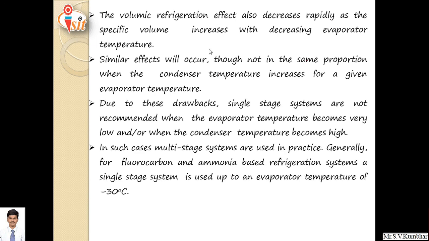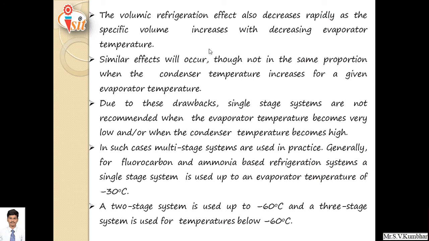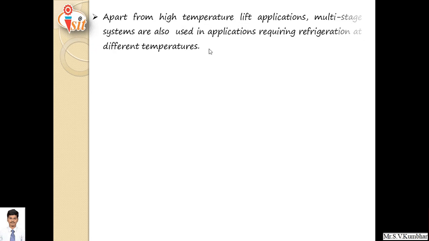So in such cases, multi-stage systems are used in practice, generally for fluorocarbon and ammonia-based refrigeration systems. A single-stage system is used down to an evaporative temperature of minus 30 degrees centigrade only, a two-stage system is used up to minus 60 degrees centigrade, and a three-stage system is used below minus 60 degrees centigrade.